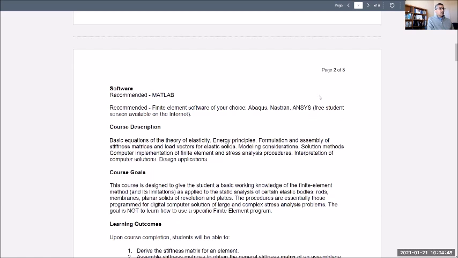One of these can serve should you want to verify a problem using any of these commercial software packages. However, this class is not intended to teach you a commercial software package, but rather to teach you the theory of the finite element method.